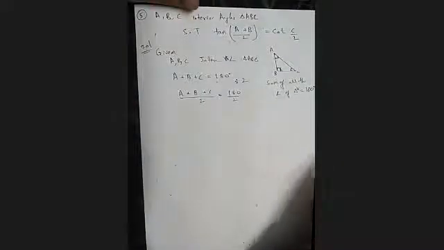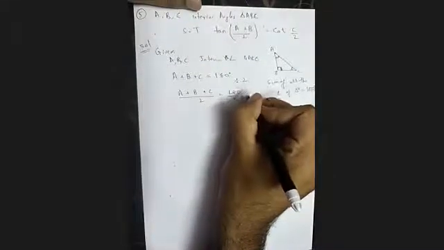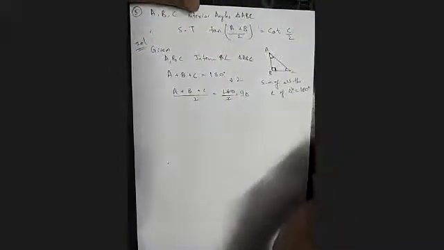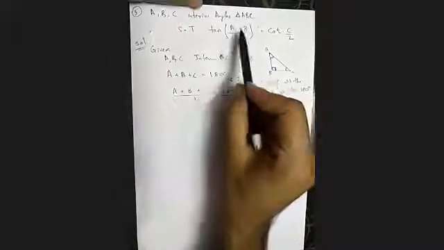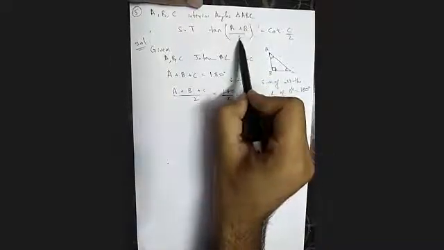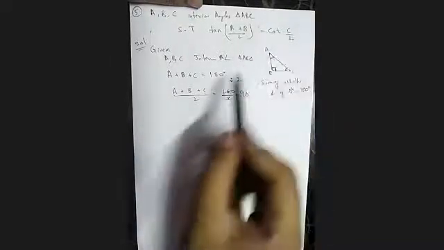Clear till here? I can divide it. Can I divide it like this? Yes, definitely I can divide it. So this will be 90, right? 180 divided by 2 will be 90. Now in the question it is A plus B whole divided by 2 and C by 2. So I am going to split it now.